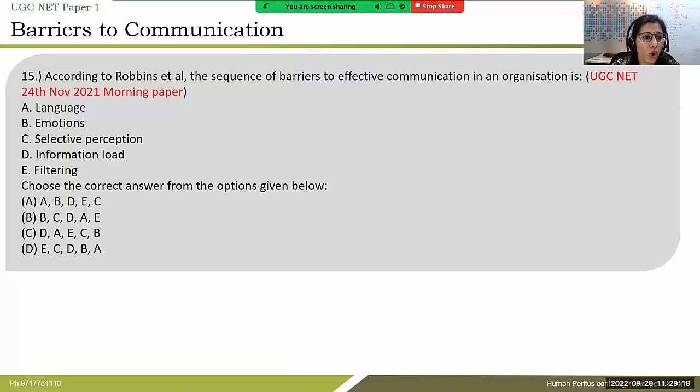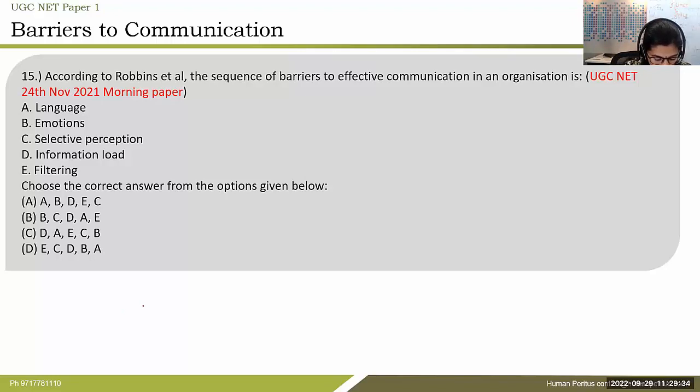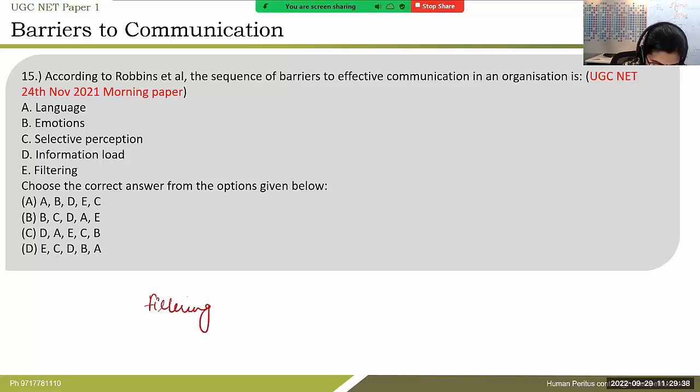Next question. According to Robbins et al., the sequence of barriers to effective communication in an organization is, what is actually the proper sequence of communication barriers? All right. Let us first see what the sequence is. According to Robbins and other authors, filtering comes at number one.